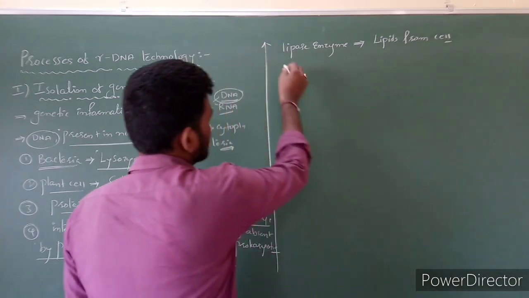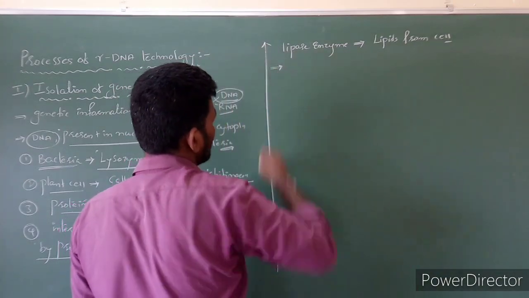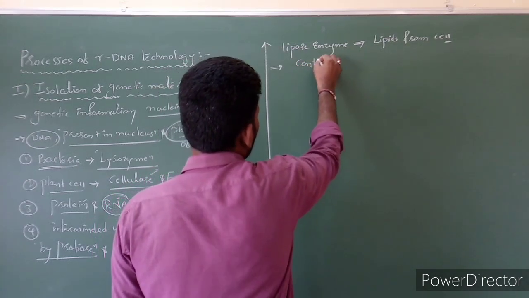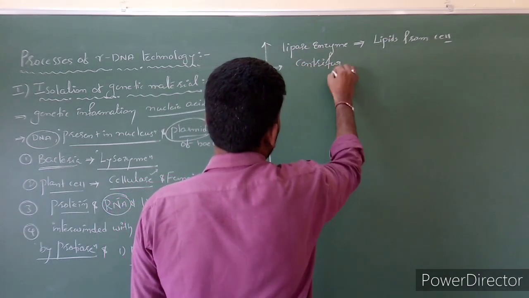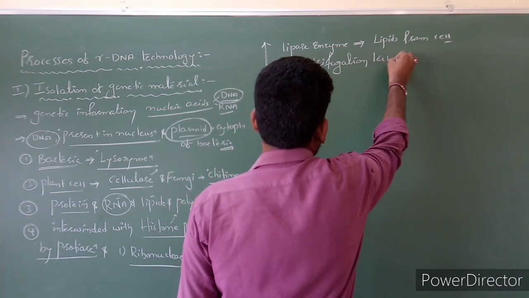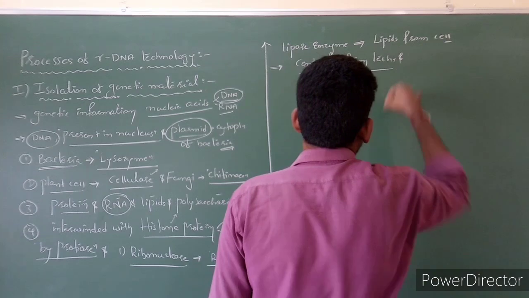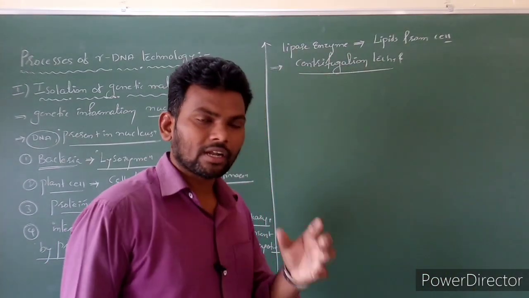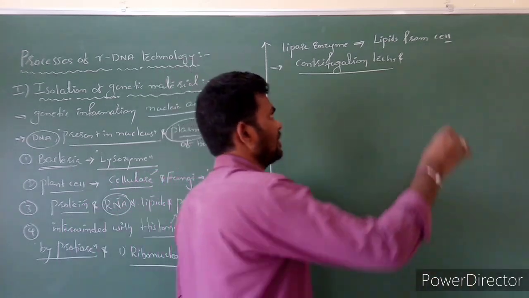Now at the last, some remaining molecules are there, so we can eliminate them by centrifugation technique. By using centrifugation technique, the remaining molecules we can eliminate. At the last we can get the pure DNA.